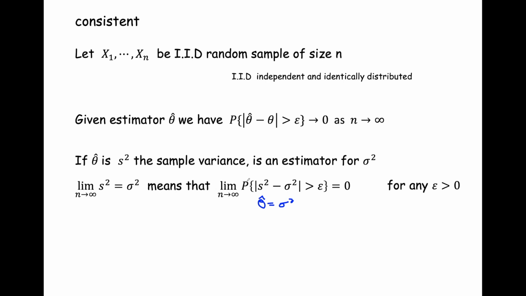In the limit, as n goes to infinity, s squared is going to equal sigma squared. So how does that affect our probability? Well, if s squared in the limit is exactly equal to theta, that means it won't diverge. If it's exactly equal, it can't diverge, and so this probability is exactly 0. It's satisfied. So one of the ways you could prove that s squared is consistent is by taking the limit as n goes to infinity and showing that it's exactly equal to sigma squared.